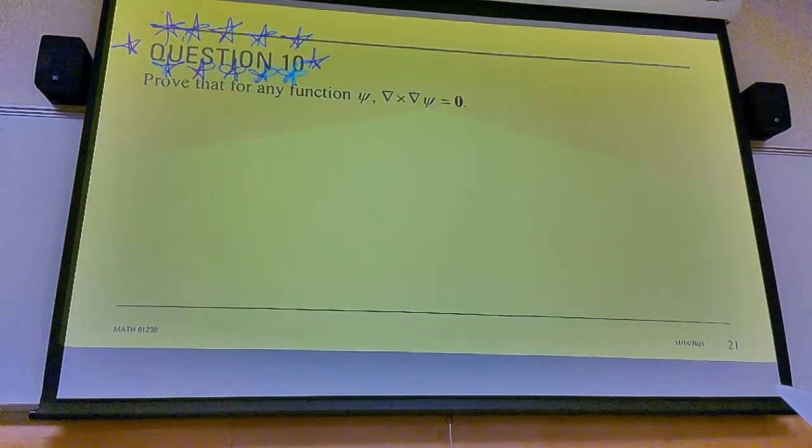We're going to prove that the curl of del psi is the zero vector for any function psi. But del psi is what? The gradient vector. What's another word for that? Gradient field. What's another term?